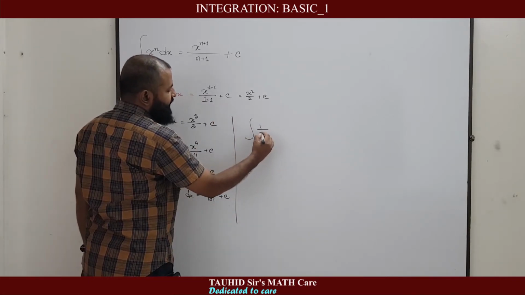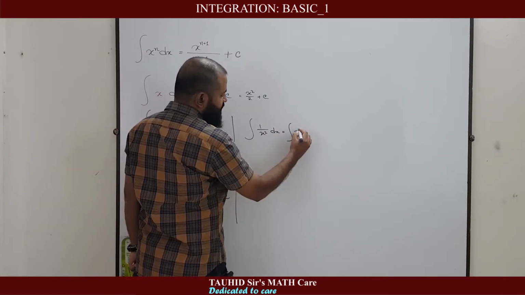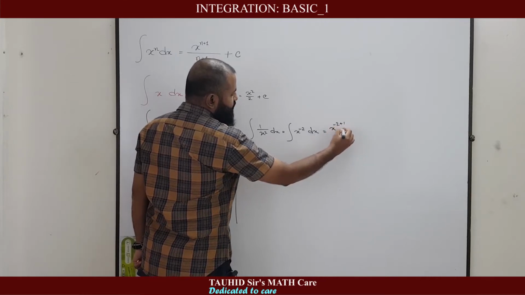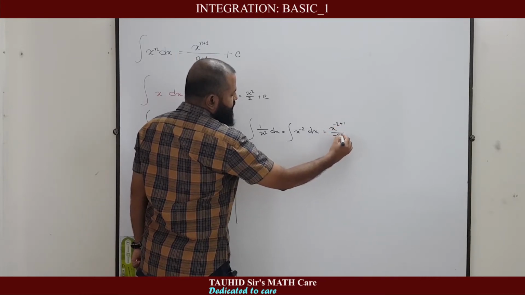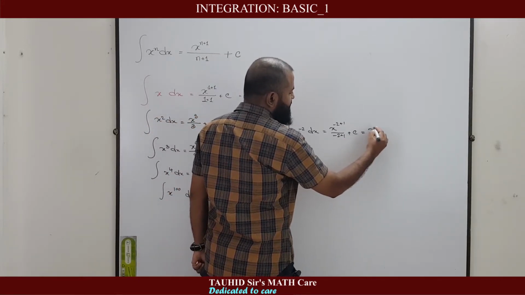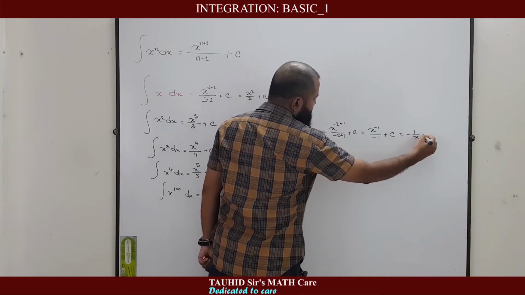Integration of 1 by x square dx, that means integration of x to the power minus 2 dx equal to x to the power minus 2 plus 1 divided by minus 2 plus 1 plus c, equals x to the power minus 1 by minus 1 plus c, minus 1 by x plus c.